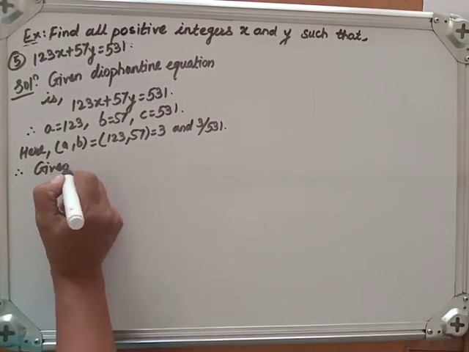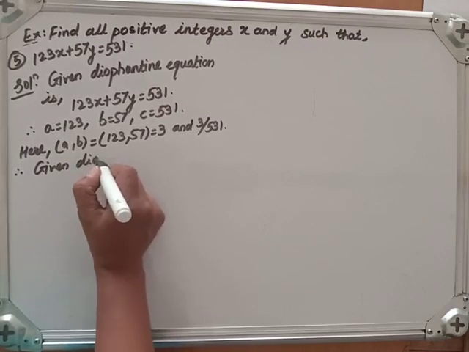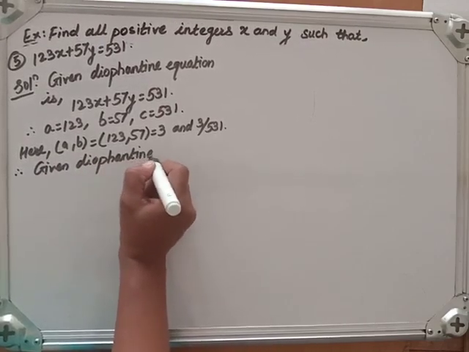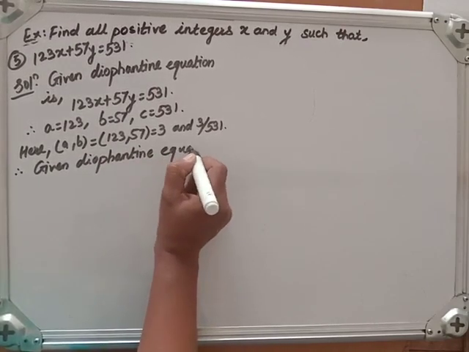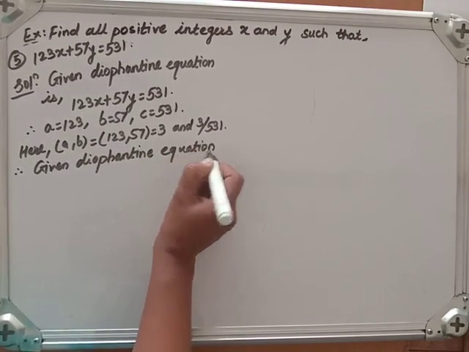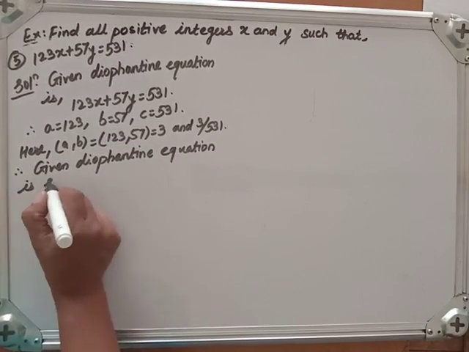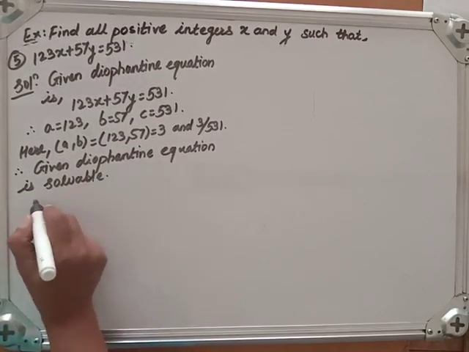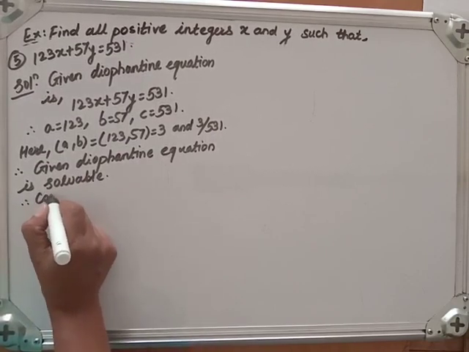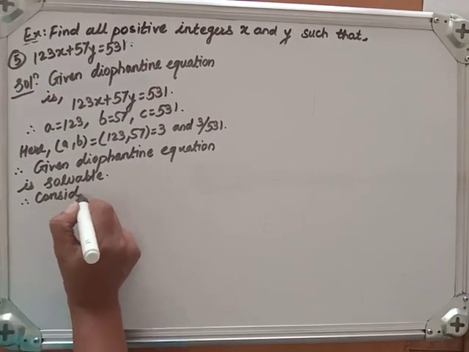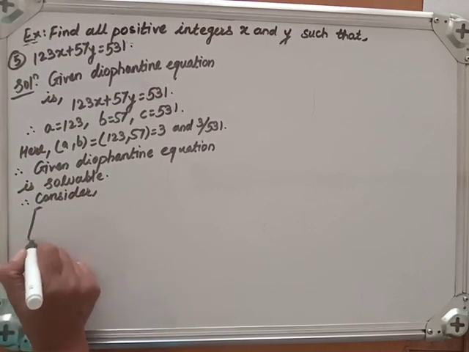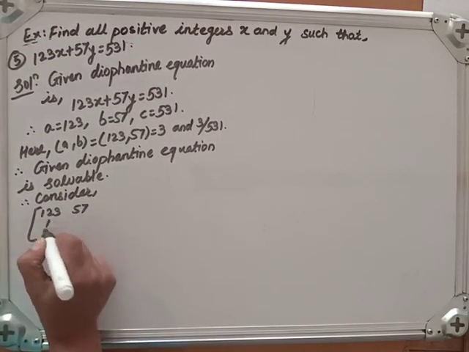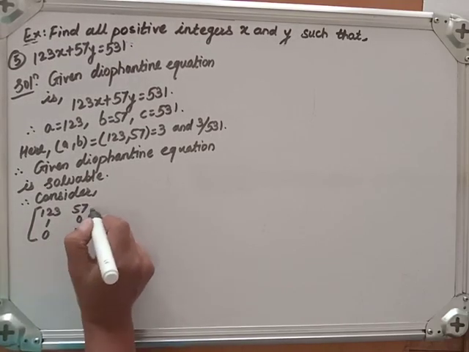Therefore, the given Diophantine equation is solvable. Therefore consider 123, 57, 1, 0, 0, 1.